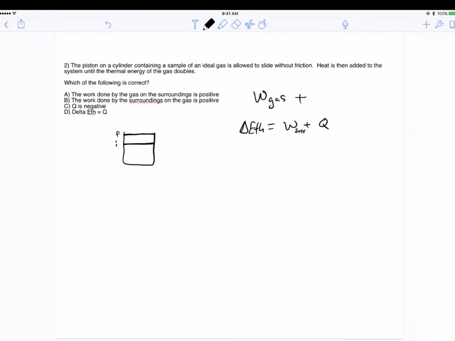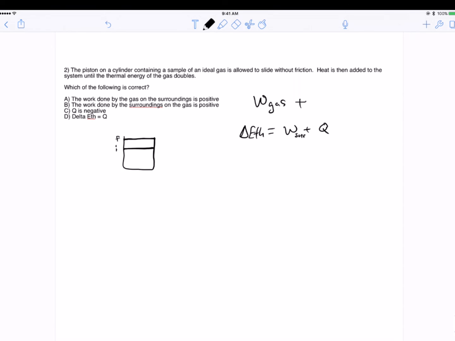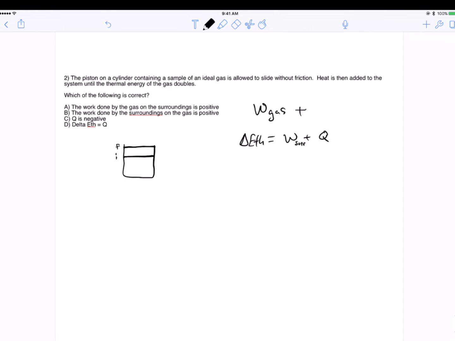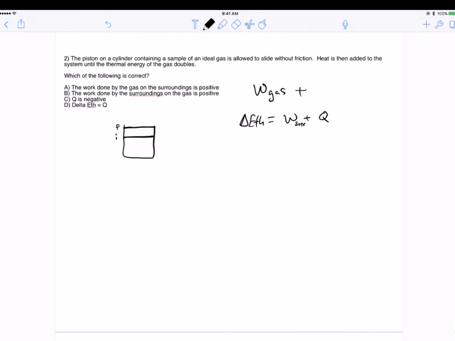It's got to be an expansion, because if the thermal energy doubles, the temperature must be increasing. So the product of P times V must be increasing, so it must be the case that this piston moves upwards. Now, is this displacement in the direction of the force from the gas or the direction of the force from the environment?